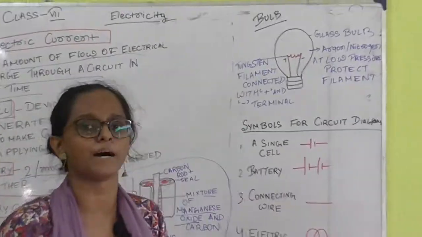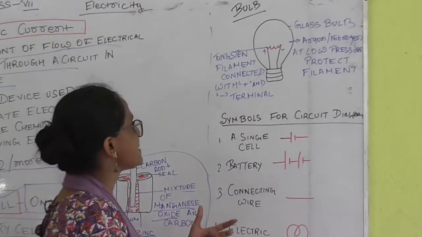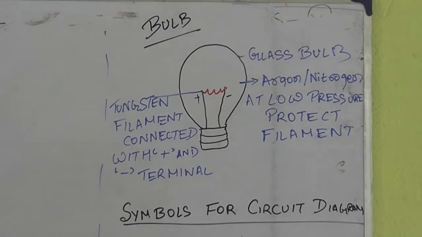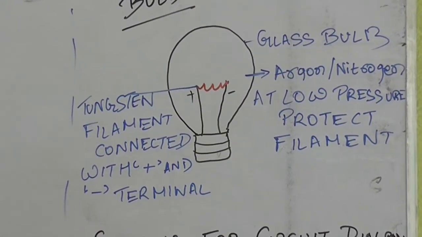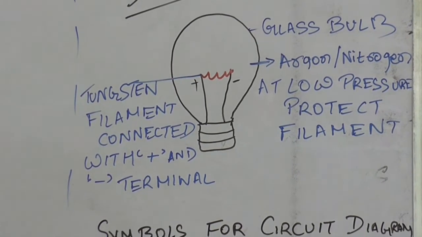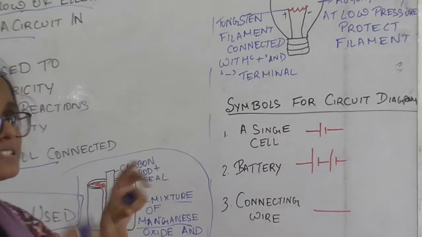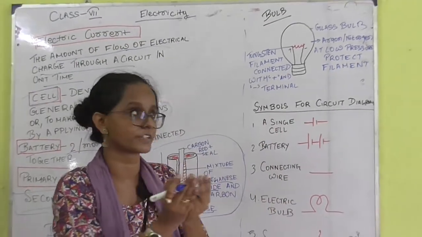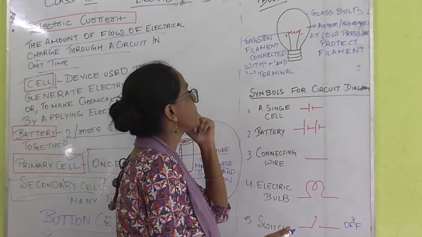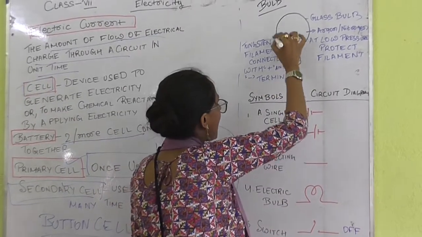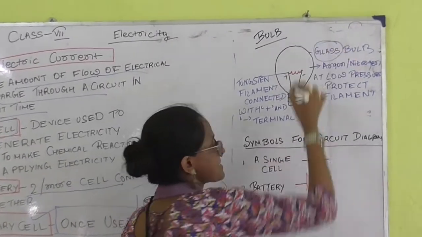Now the next topic is the bulb. A bulb is generally an example of electricity emitting heat and light. We will learn about that later. First we have to understand how the structure of the bulb works. Firstly, in the bulb, the outer layer is of glass.